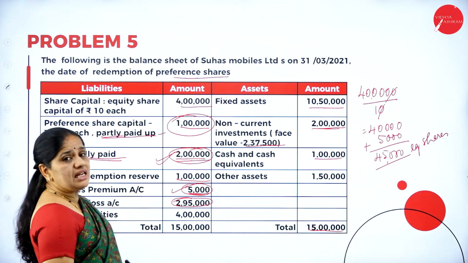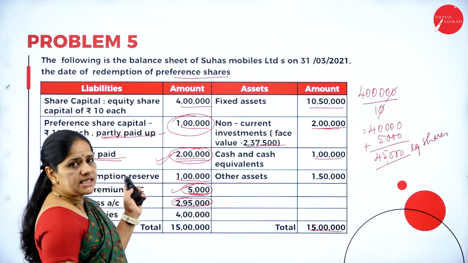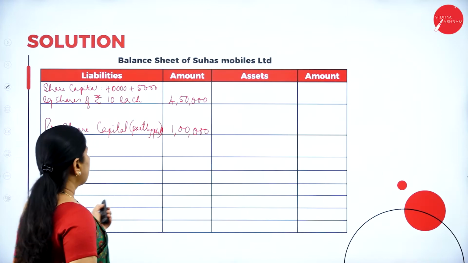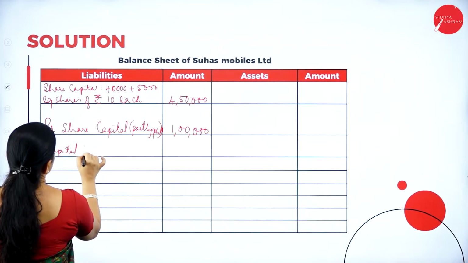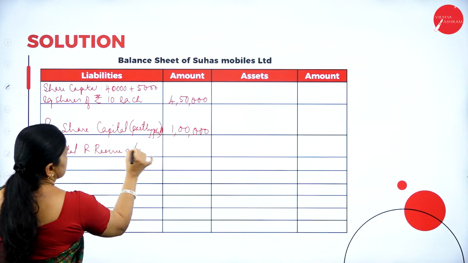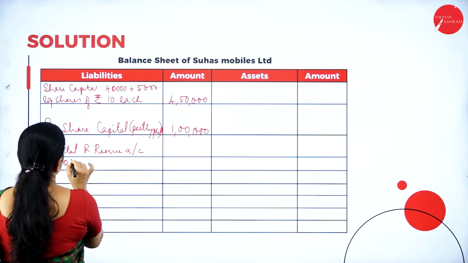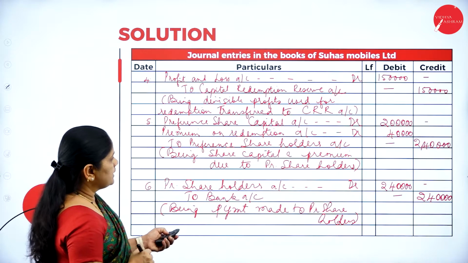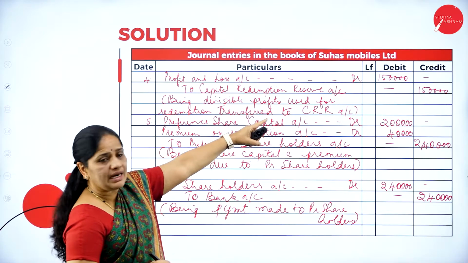Capital redemption reserve account. So this capital redemption reserve, there is a change in the balance. Let us see how it will change. So I write capital redemption reserve account. So there is already a balance of 1 lakh here, plus, see if you can see here, we have taken from the profit and loss account 1,50,000.